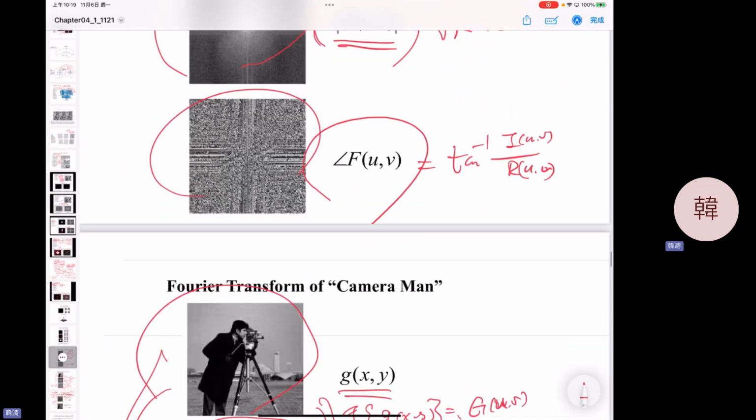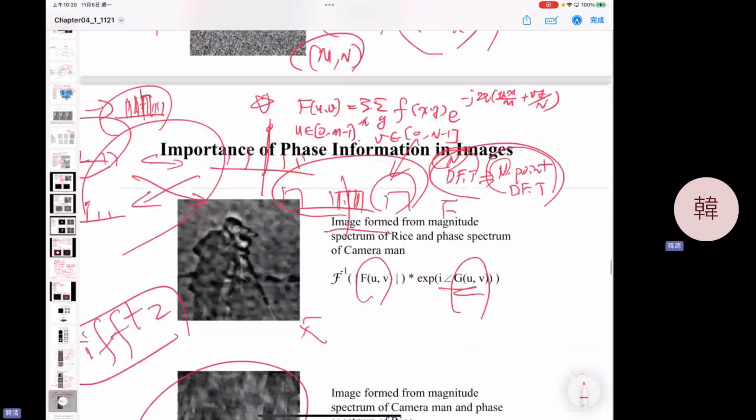So if you take the cameraman image and apply the inverse Fourier transform, we can trace back to the spatial domain. However, if you use the magnitude spectrum of the rice but mix it with the phase spectrum of the cameraman, you will see this result.